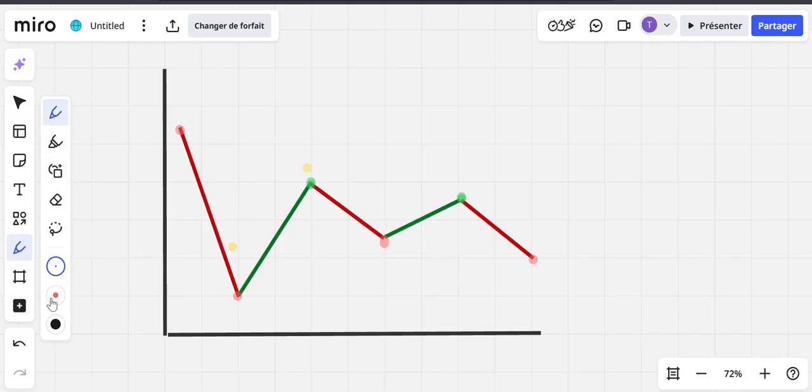Let's say that the difference here is basically between here and here, so it's about 3. Let's say the max profit, let's just write the m, is equal to 3.